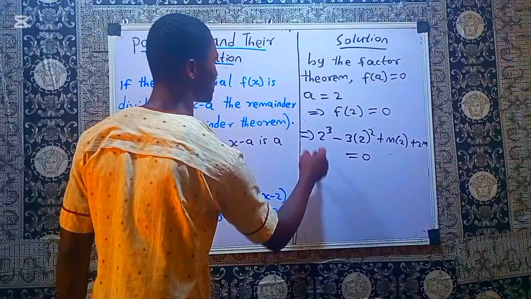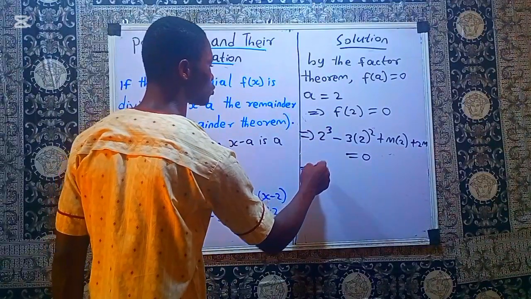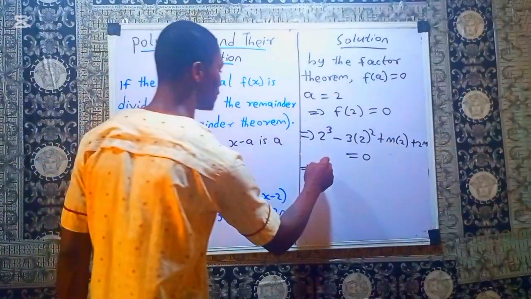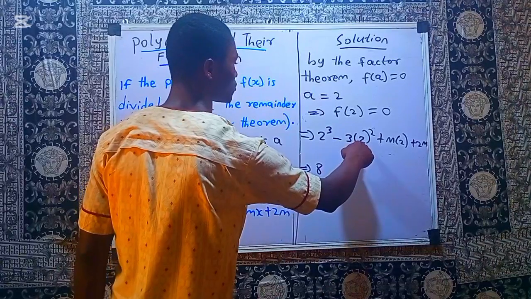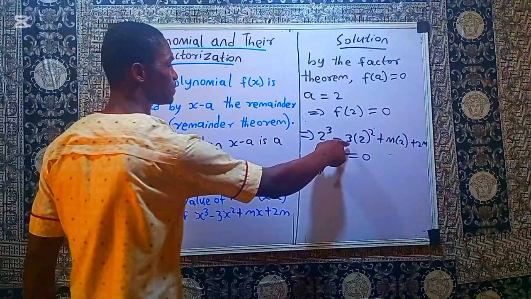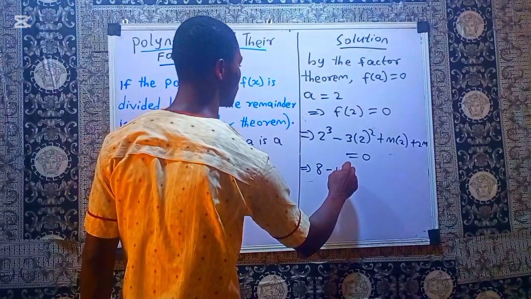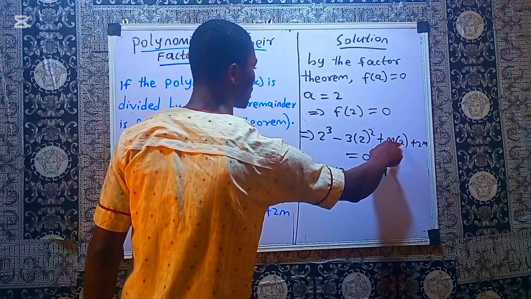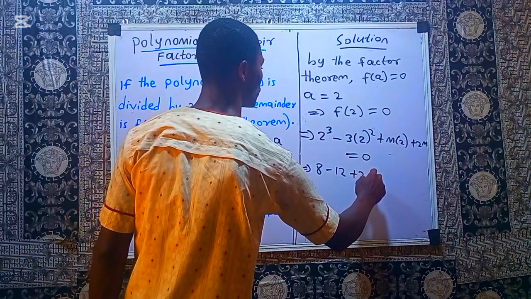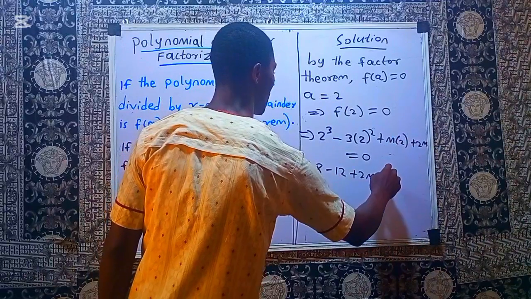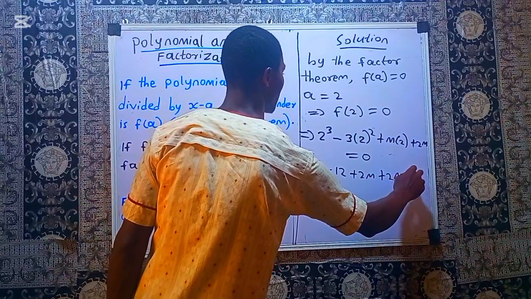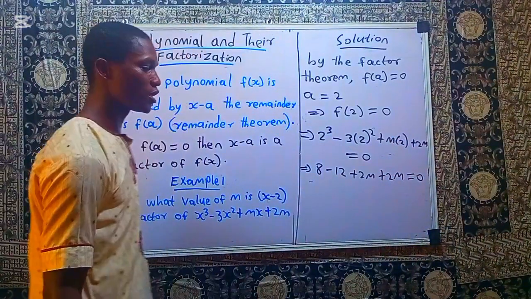We are continuing solving this. So this implies 2 raised to power 3 is 2 times 2 times 2, which will give us 8. Then 2 raised to power 2 is 4. If you multiply it by negative 3, you are going to get negative 12. Then m times 2 is 2m. And we are saying that this will be equal to 0.